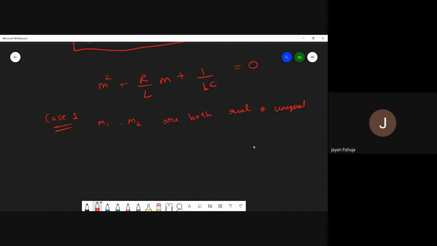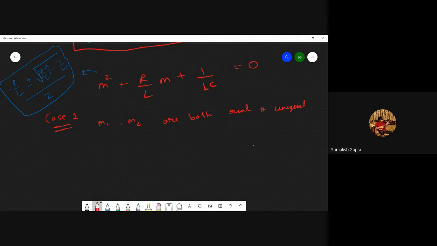R by L whole square minus 4 by LC greater than 0. Right. So if I write the solution of this equation, it would basically be minus R by L plus minus under root (R by L whole square minus 4 by LC) over 2. So this will be in general m1 and m2, right, for this equation.